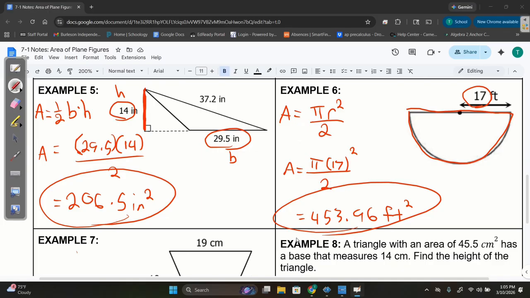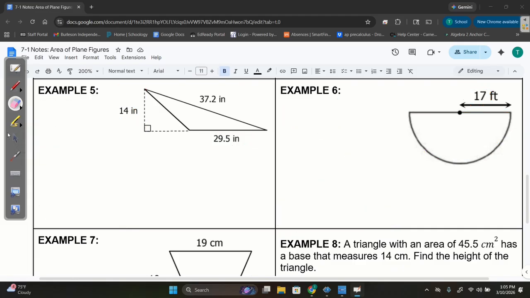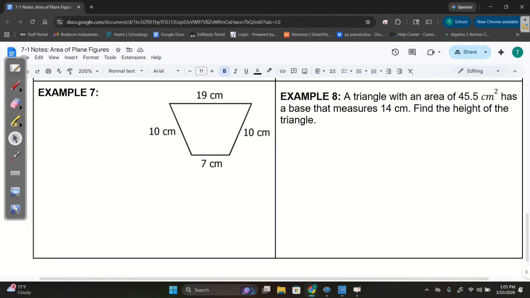Now these next two are the hardest ones, so please make sure you're paying attention. Example 7. I've got a trapezoid again, and the area for a trapezoid is 1/2 base 1 plus base 2 times the height.